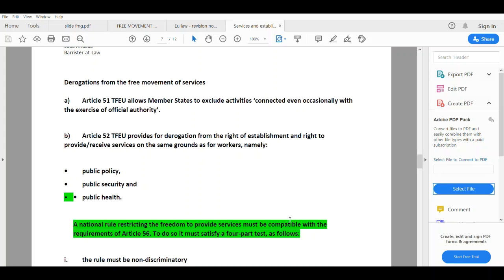So under this derogation, the service provider cannot provide services which are governmental in nature. On the other hand, Article 52 of the TFEU provides for derogation from the right of establishment and right to provide services on the same grounds as for workers, namely public policy, public security, and public health.